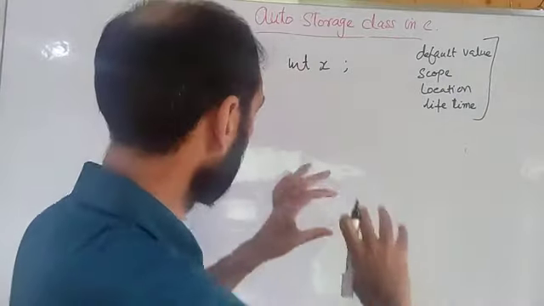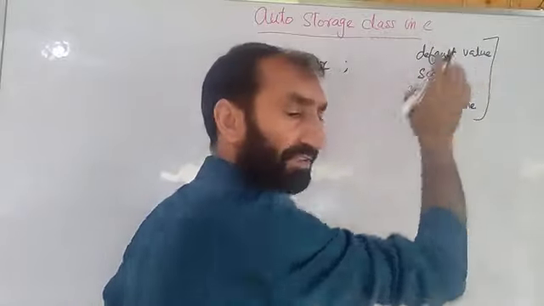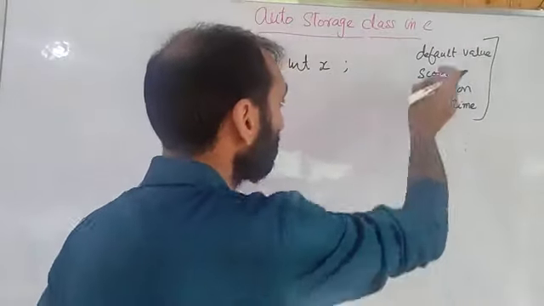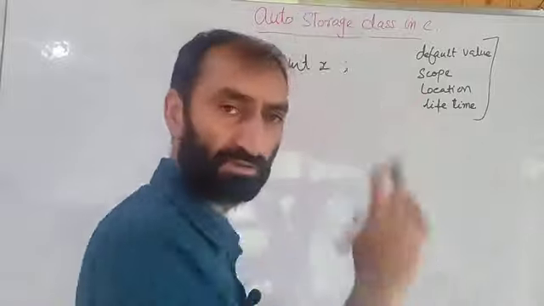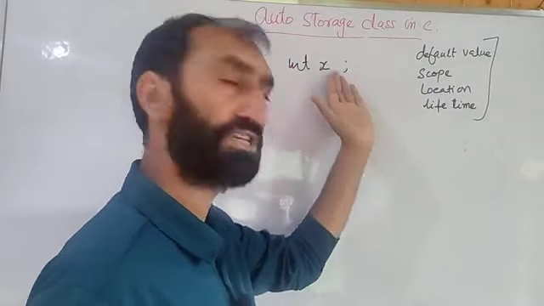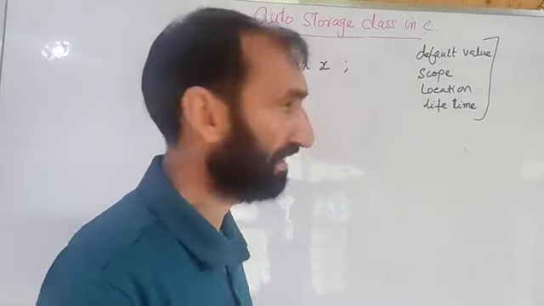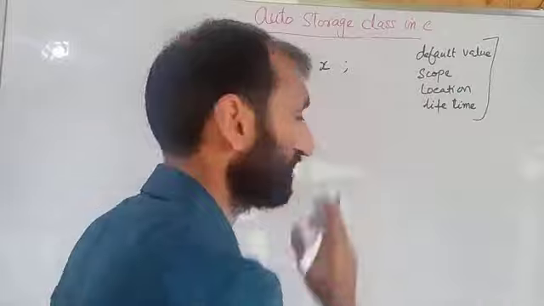Or you can say the storage classes contain this information regarding the variable. That means what the default value of the variable would be, what its scope is, what its location is, and its lifetime. These things are going to be told by the storage classes.